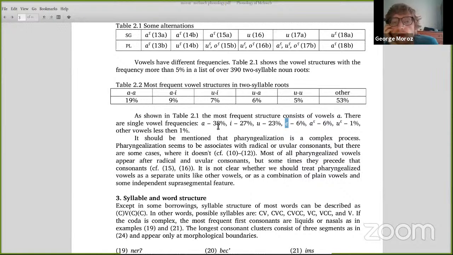So the idea that I want to show here is that we have all those combinations, and we can analyze the frequency of vowels, for instance.